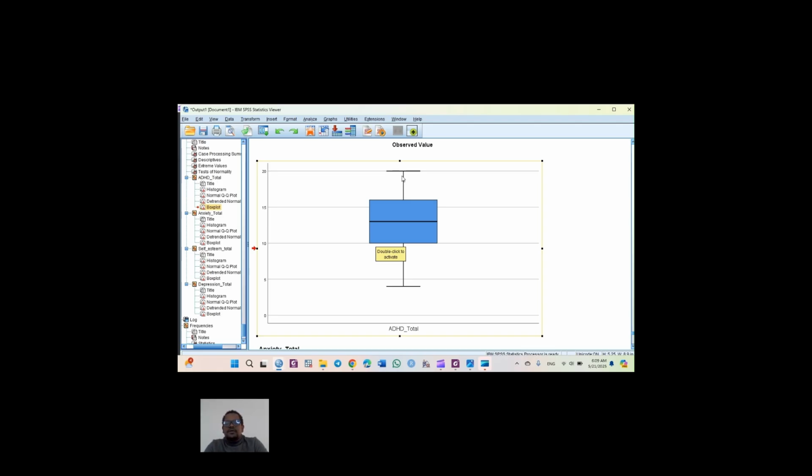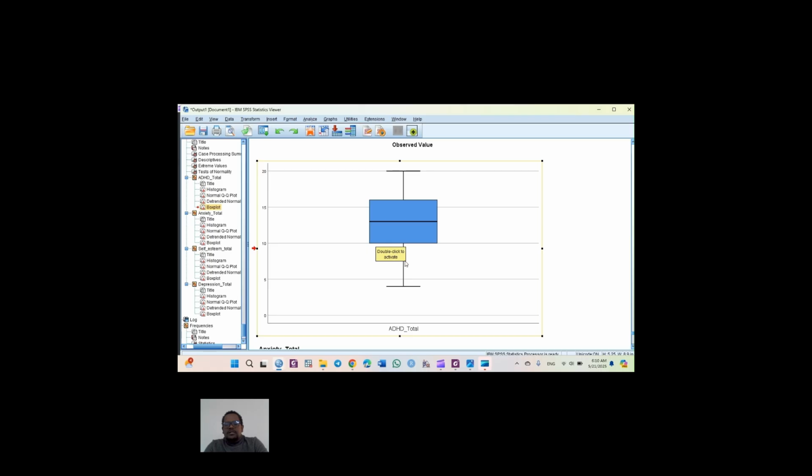The whisker above the box ranges from the Q3 value to the largest value in the dataset, up to 1.5 times the interquartile range above Q3.